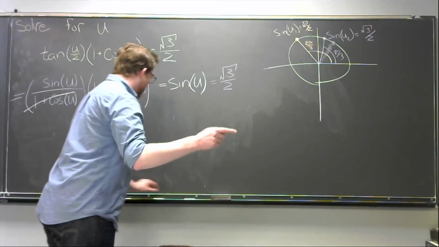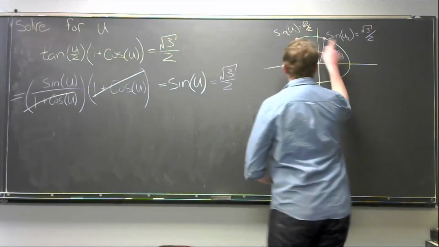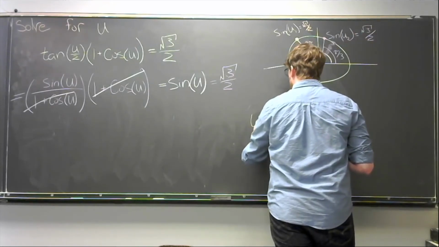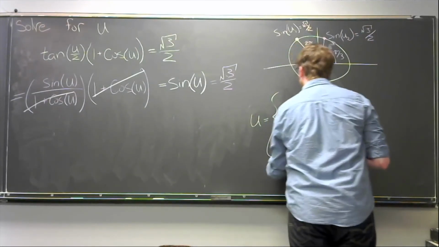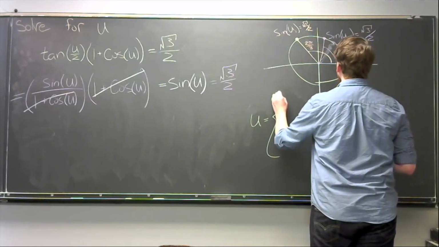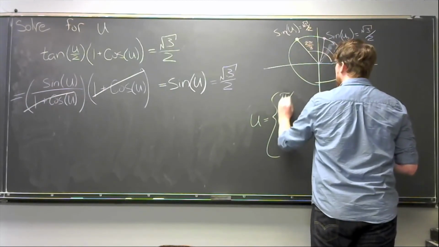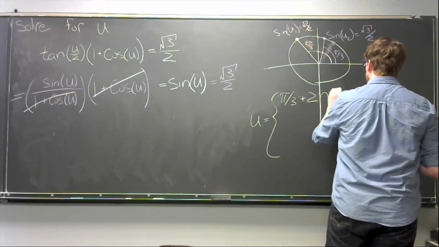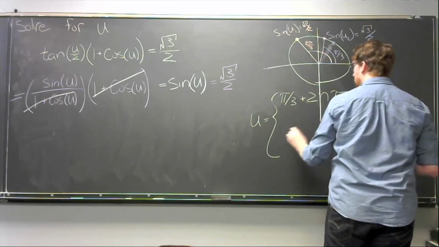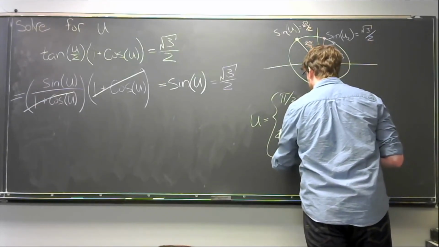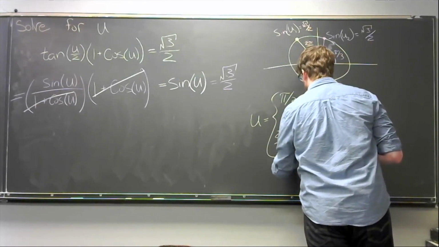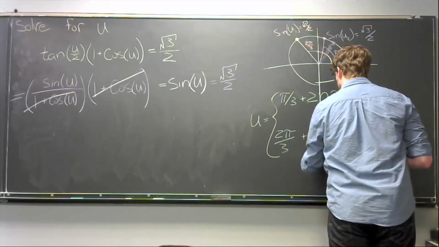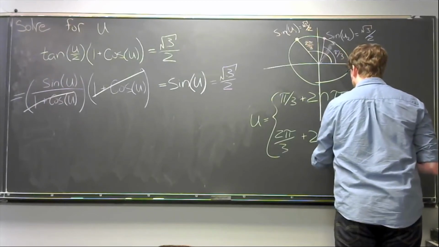So because we have to account for every 2 pi rotation, we have to say that u is equal to pi over 3 plus 2n pi, or 2 pi over 3 plus 2n pi.